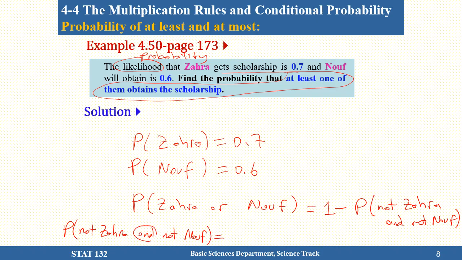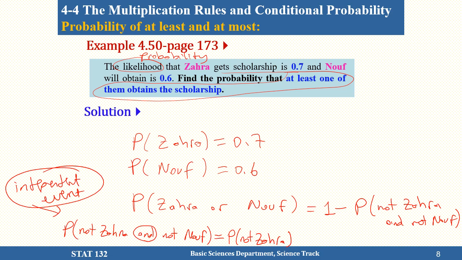Since we have an "and" and we assume that getting the scholarship is independent of each other, so if you remember in independent events, we have the multiplication rule. So here comes not Zahra and not Nuf.